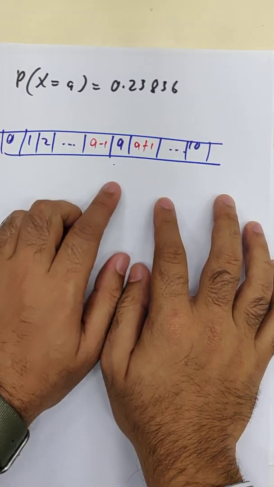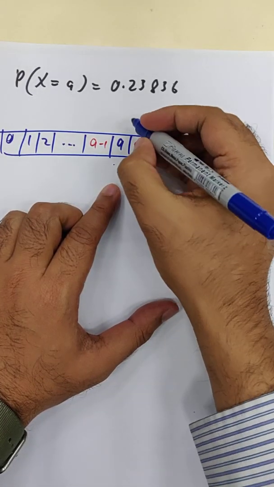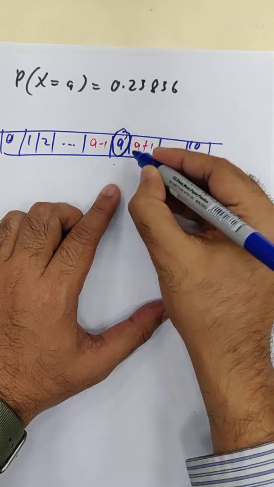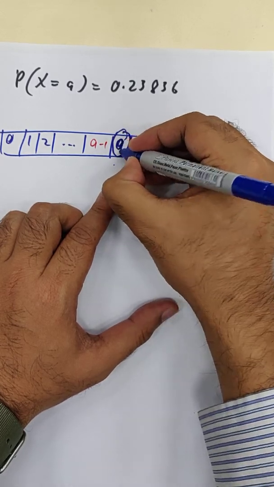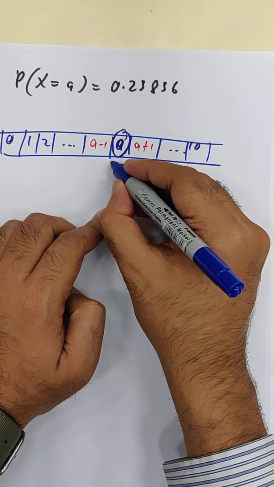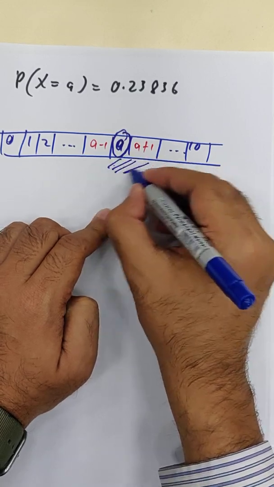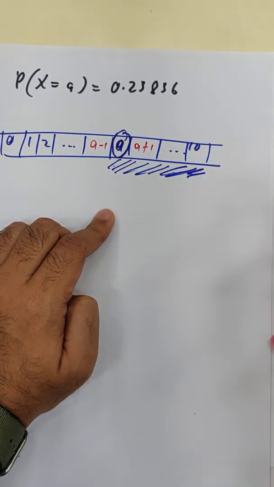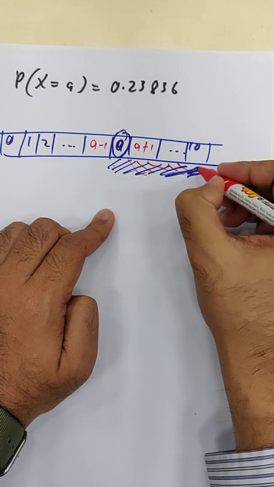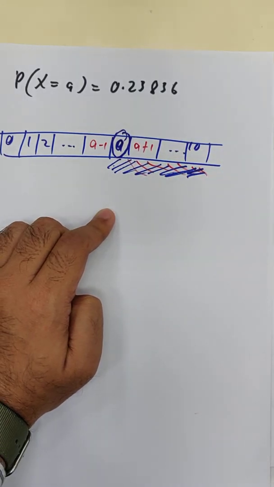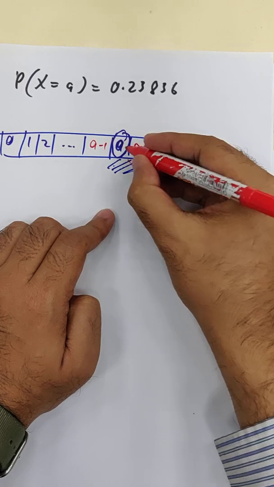So you want to find specifically this one, okay? Specifically this one. Let's say there's good a. So how we calculate is all of this minus all of this. Understand? Then we got the a.